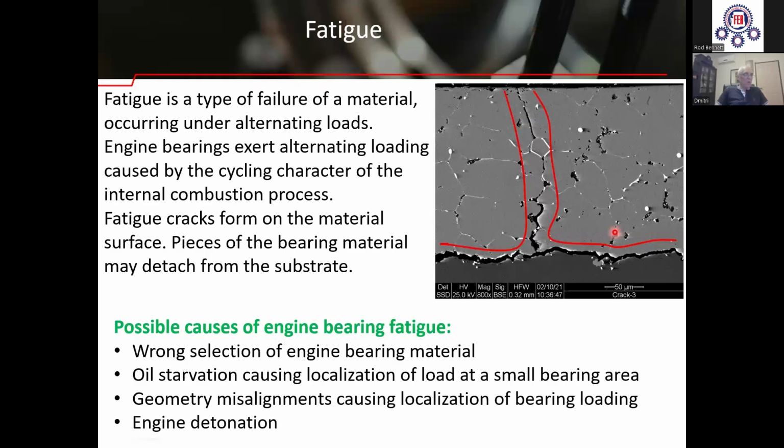Also, the geometry misalignments cause localization of bearing loading and also may cause fatigue. And the last possible cause is engine detonation, when the pressure in the cylinder is much greater than the pressure which should be in the normal combustion process.